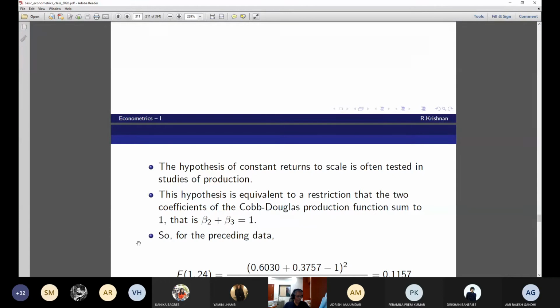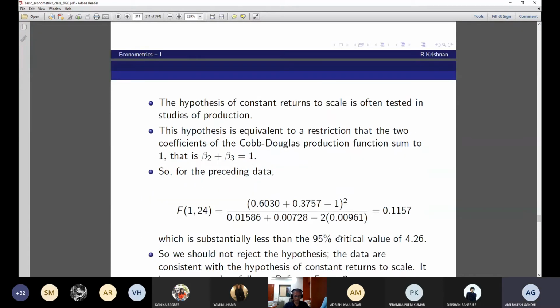Here you have taken minus 0.0961601 to be the covariance term, but I didn't understand why. The package has calculated it and given it to you.